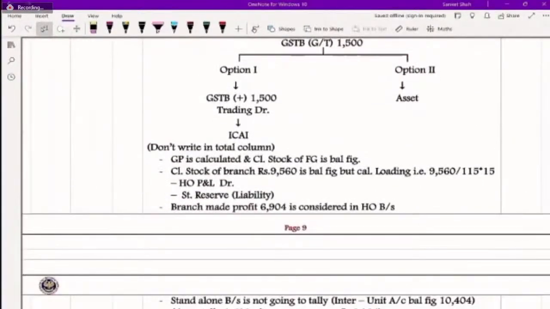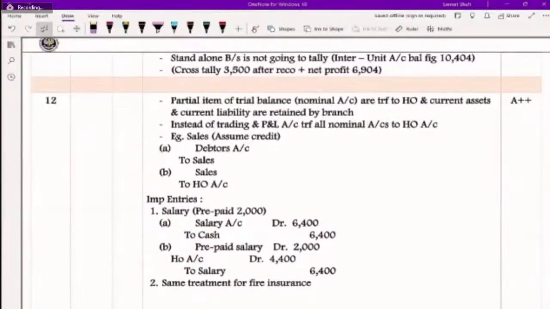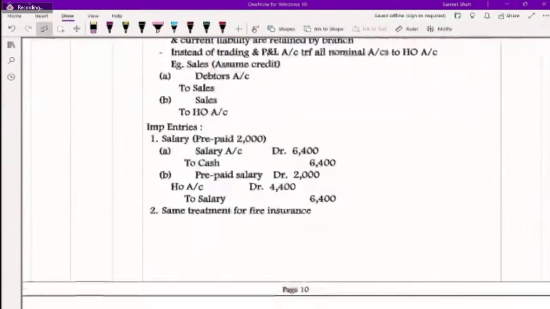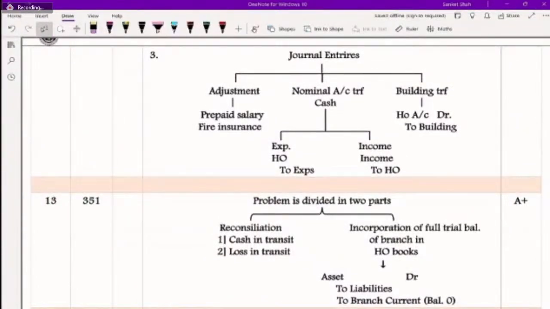Take a screenshot फटाफट. 11 number is still continued. Take a screenshot of ILU 12. ILU 13 and 12 का just part, missing part.